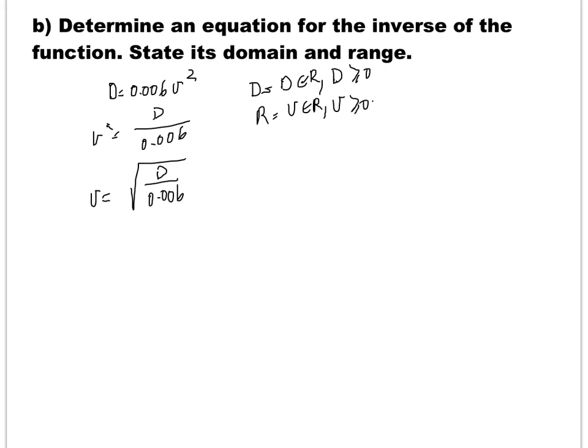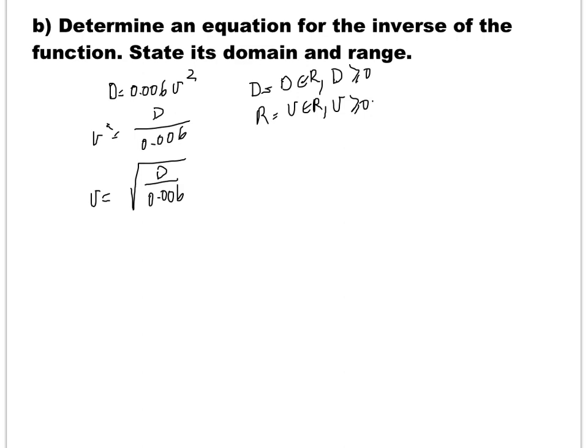Here, the only allowable range of value is positive values for v. So we can say that v is equal to only positive root of square root of d over 0.006.